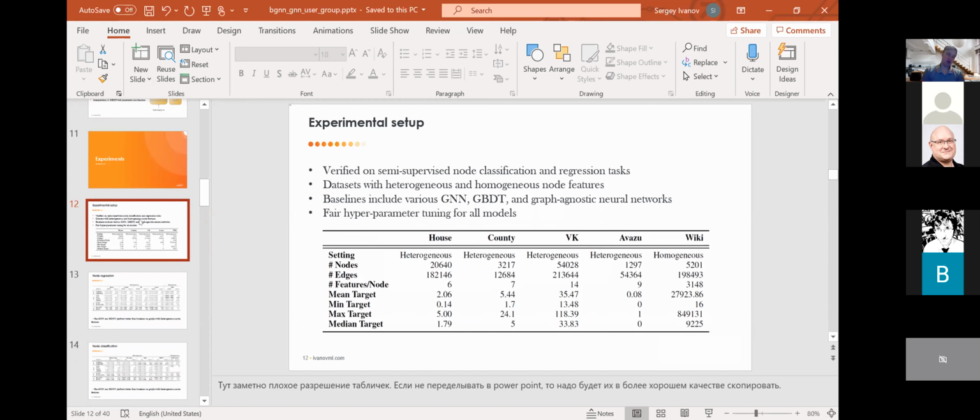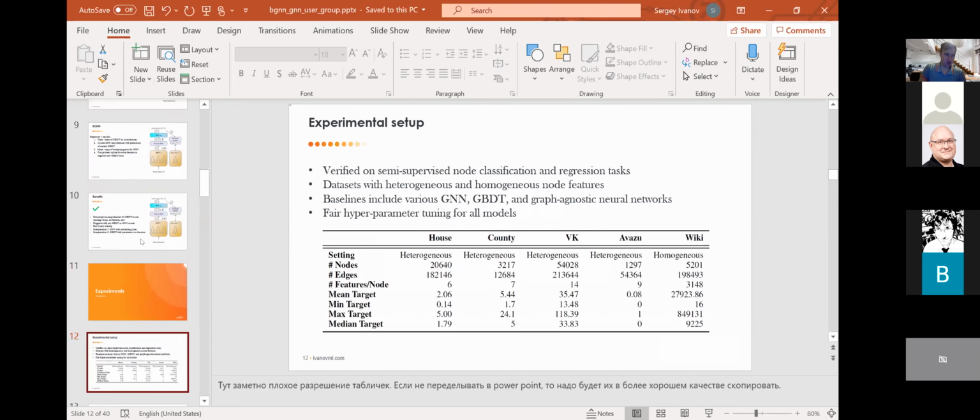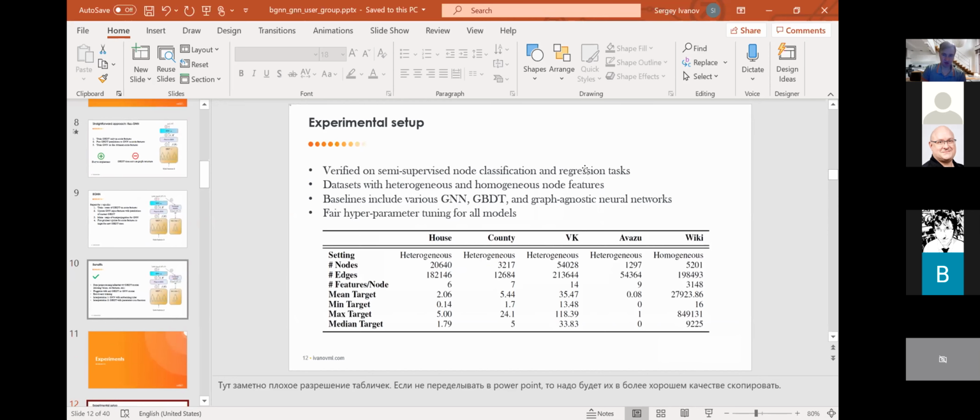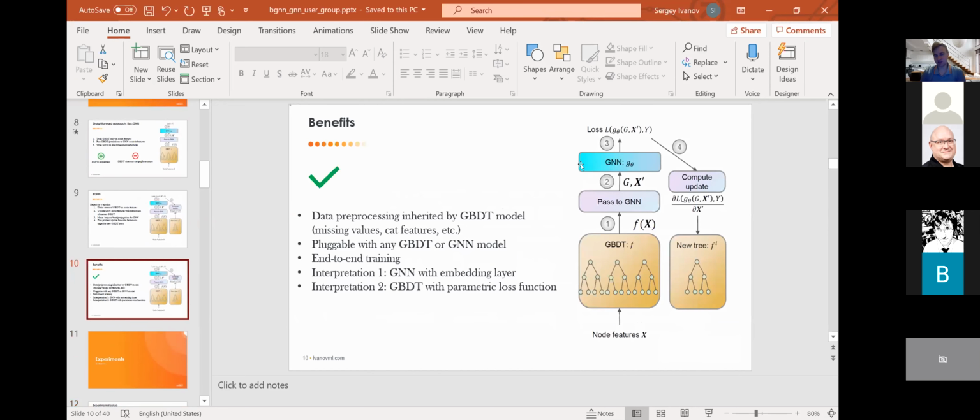Sure. So our model is actually agnostic, as I said, to GPT and GNN models. For GPT, handling big data sizes is not a problem, as long as you can compose the node features that you can plug into GPT.